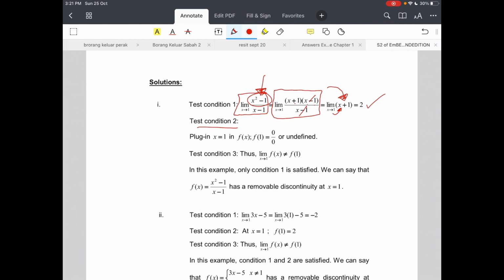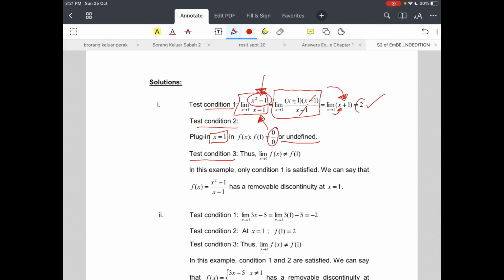Now test condition number 2. When we test condition number 2, we just straight away plug in without using any special method. Plug in x equals 1 and you will get 0 over 0, so it means that it is undefined. Then you need to test condition number 3, where we compare the values from condition number 1 and condition number 2.